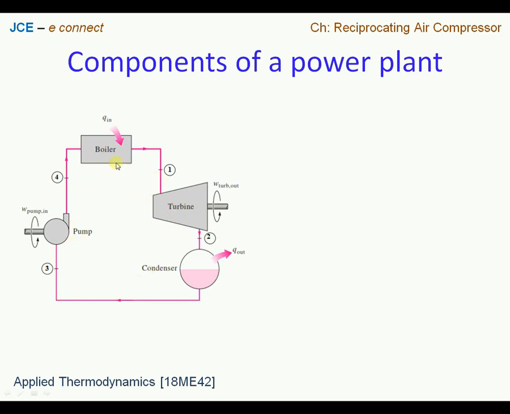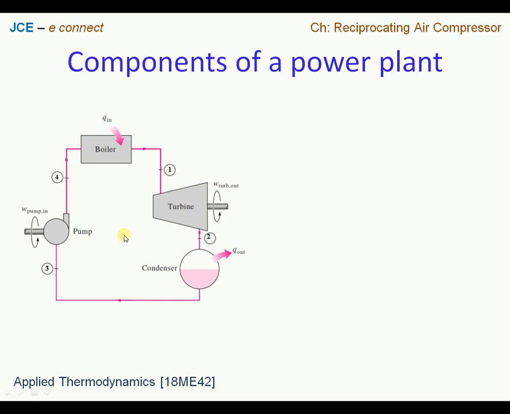So steam is produced in the boiler at a high pressure and temperature, and it will be expanded, the pressure is going to drop and the temperature is going to drop, and the partially expanded steam is further converted into liquid state and supplied to the pump, and the pump is going to pump the water back to the boiler at a high pressure. So we see the cycle keeps continuing.